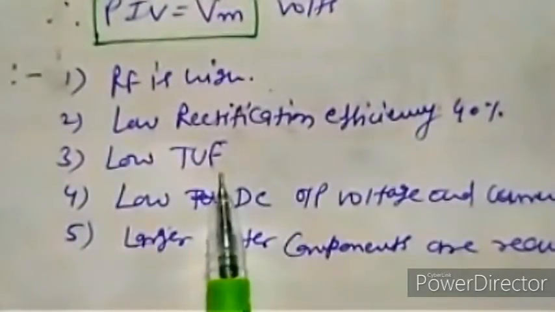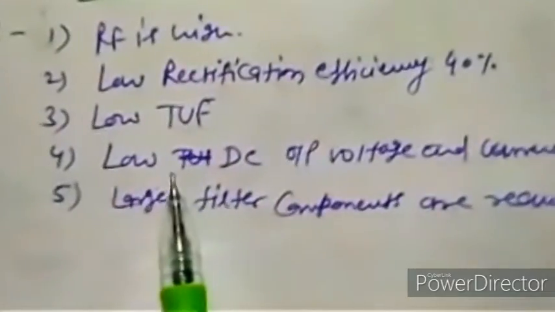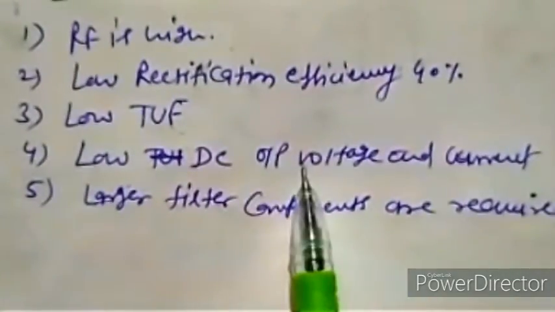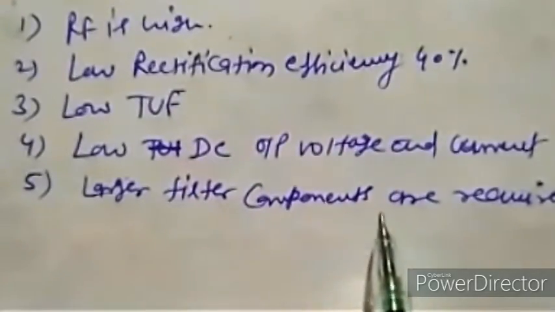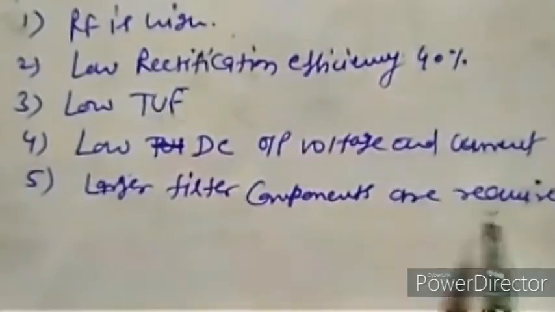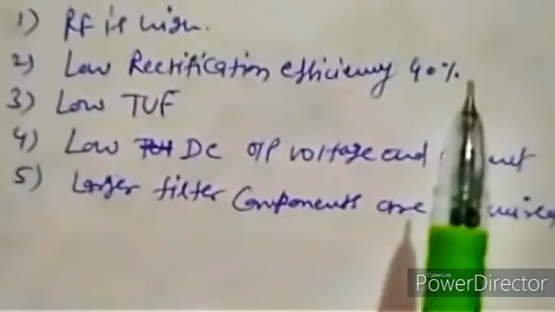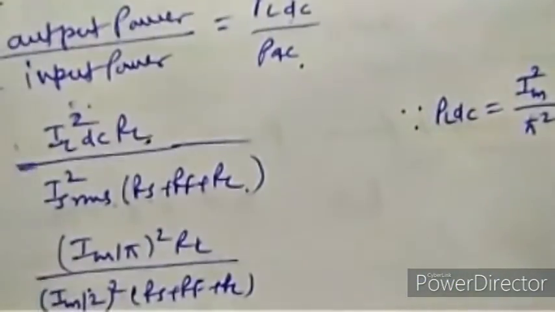This low TUF is one of the biggest disadvantages. Also, low DC output voltage and current, and larger filter components are required. These are the disadvantages of the half wave rectifier circuit.